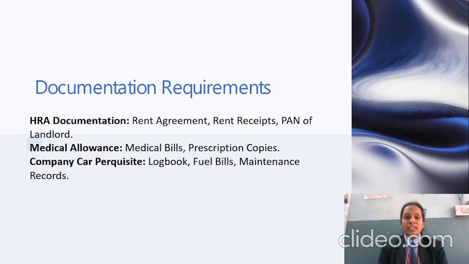Form 16, which is provided by the employer to their employees, includes all detailed information about perquisites and allowances. Then HRA documentation includes rent agreement, rent receipts and PAN of landlord. Medical allowance requires medical bills and prescription copies. And last, company car perquisites require logbook, fuel bills, and maintenance records.